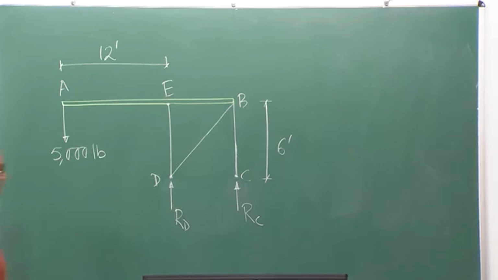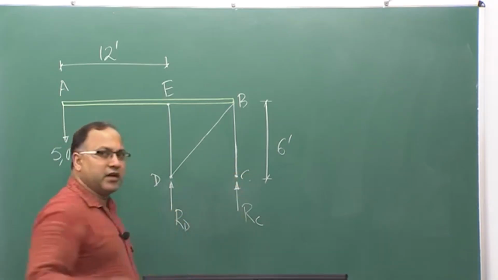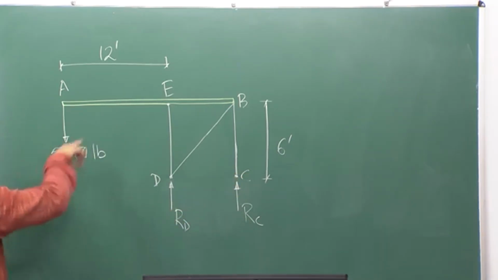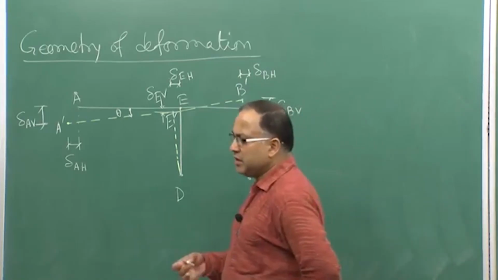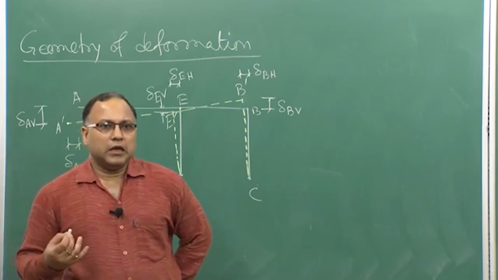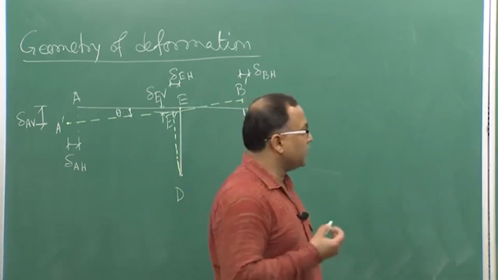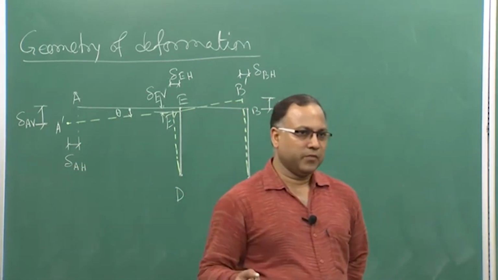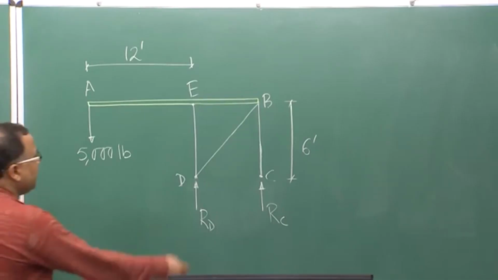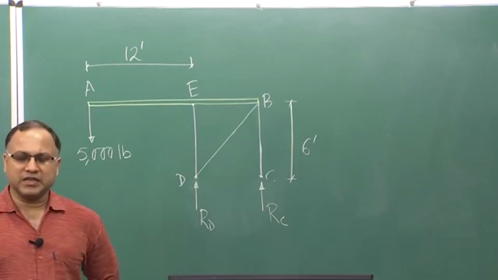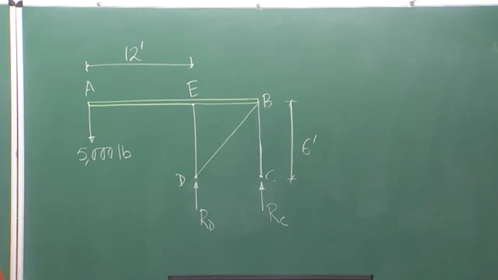There is no horizontal reaction at C to take care of that, and there is no externally applied horizontal force also. If there is no horizontal force in the system, then you do not expect some horizontal reaction to be developed. Therefore, at D also you will be having only the vertical reaction. Fine. So, with this system we can solve for the unknown reactions.